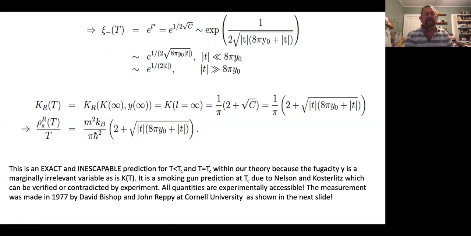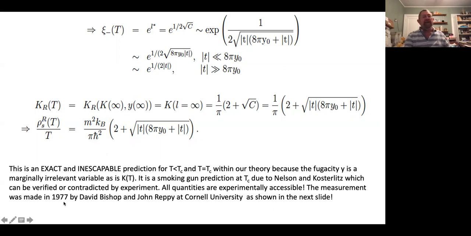And it is a smoking gun prediction at TC, due to Nelson and Kosterlitz in a physics letter written in 1977 or 78. This can be verified or contradicted by experiment, because the superfluid density divided by temperature is experimentally accessible.